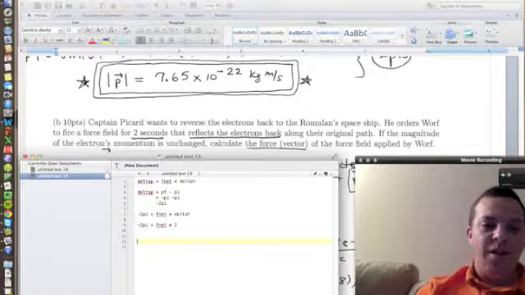We calculated the initial momentum. We've got the magnitude, but we actually need to get the vector quantity in this case. If you remember from earlier, momentum equals gamma times mass times velocity.